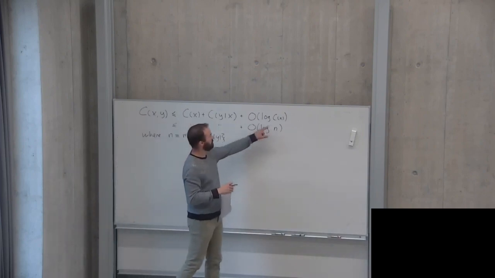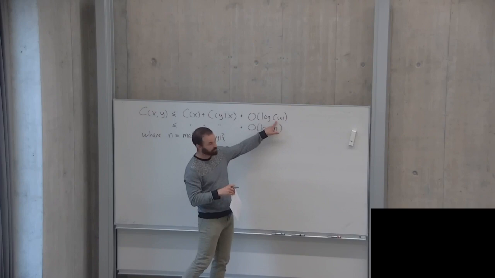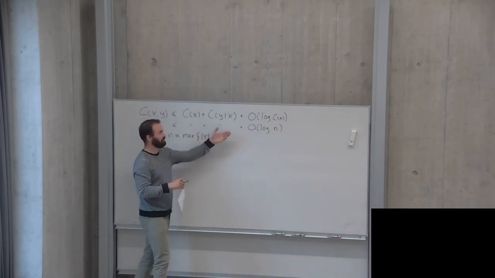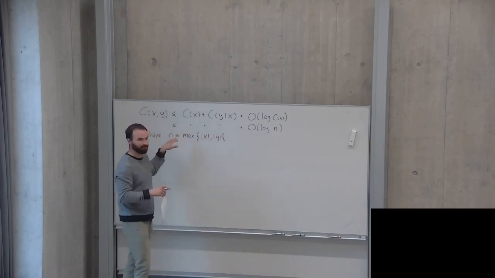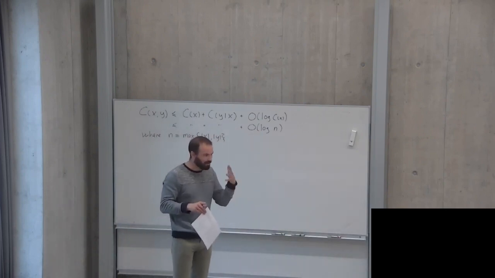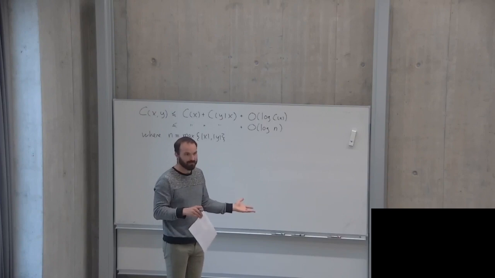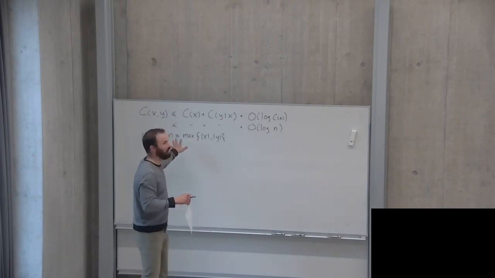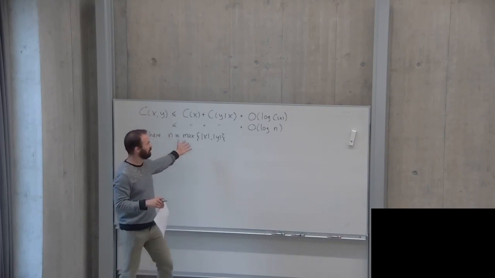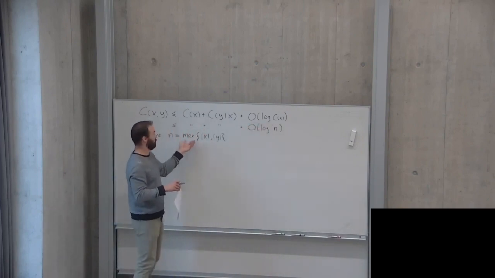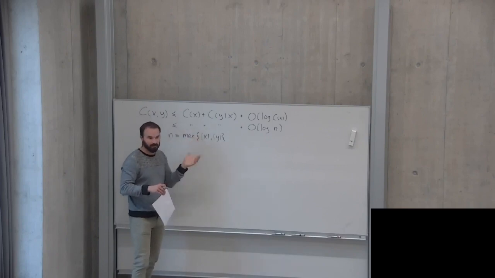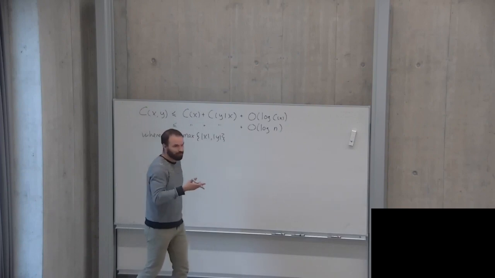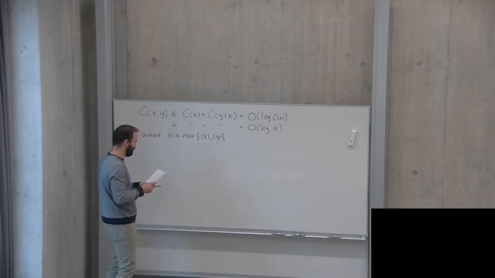C of x is smaller than the length of x, so it's smaller than the max between the length of x and the length of y, so this follows. It's a more conservative bound. And it was observed, rightly, that I'm using a very conservative bound here. I could have just written it this way, or even written the minimum between the two by some different argument. But here's going to come perhaps the more relevant justification.